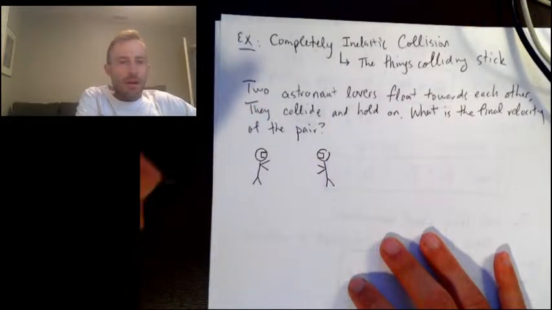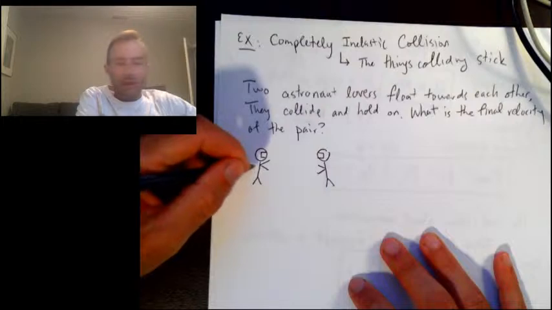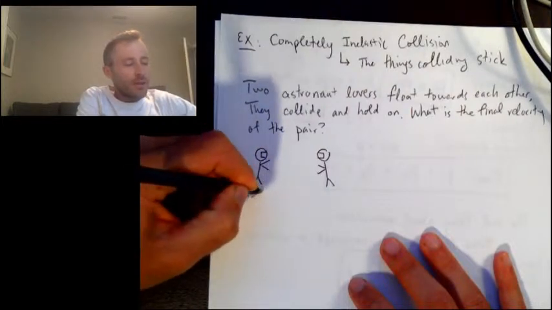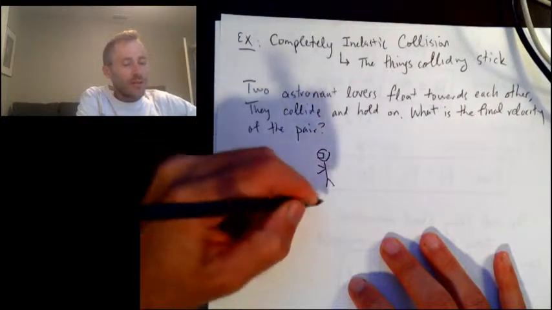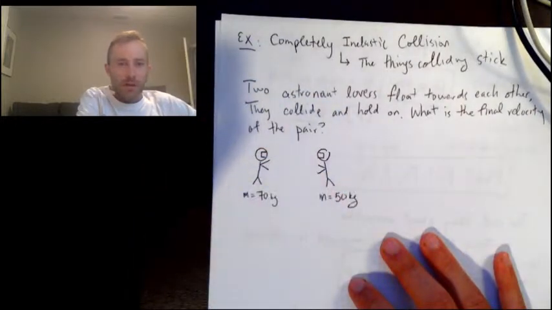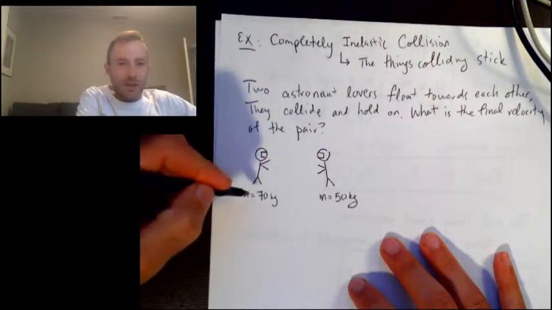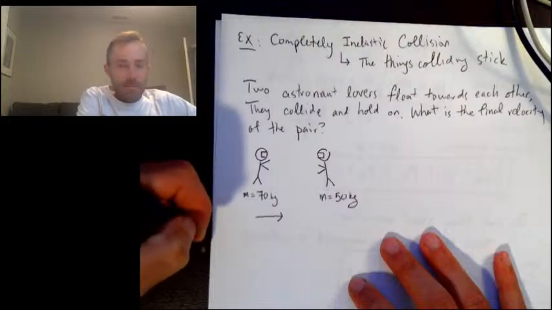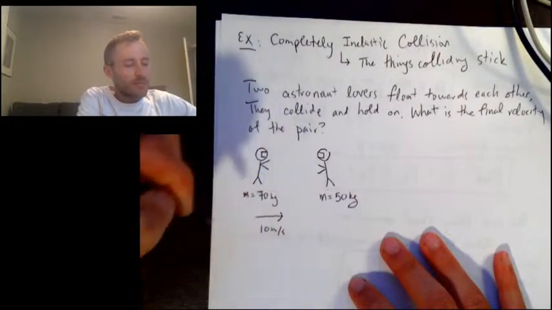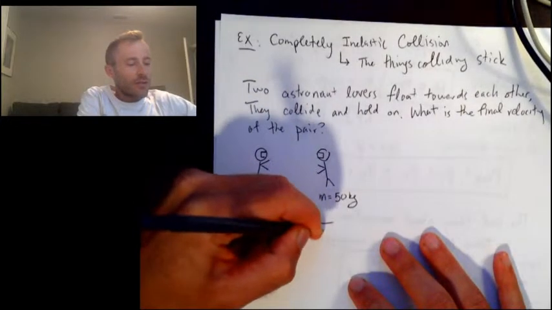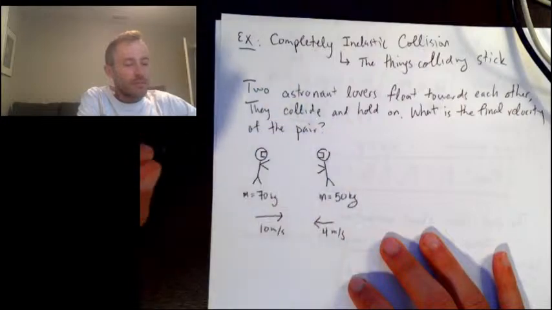This astronaut has a mass of, let's say, 70 kilograms, and this astronaut has a mass of 50 kilograms. This astronaut is headed to the right at 10 meters per second. This astronaut is headed to the left at 4 meters per second.